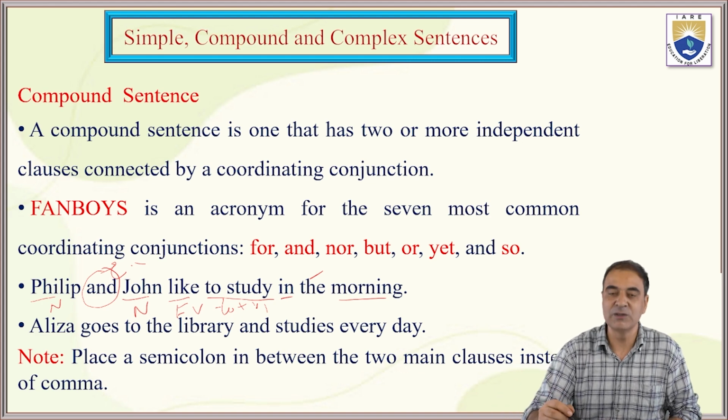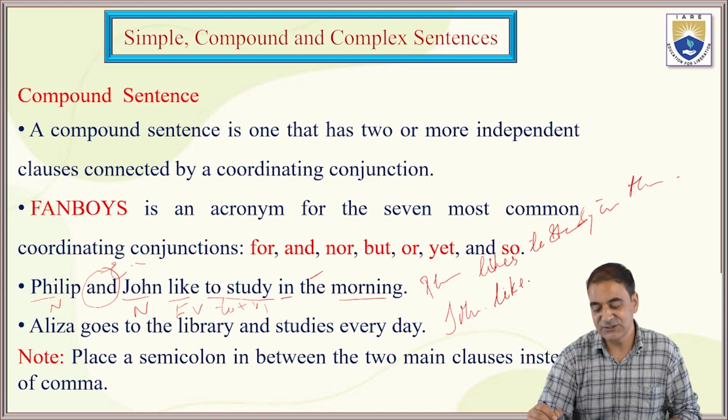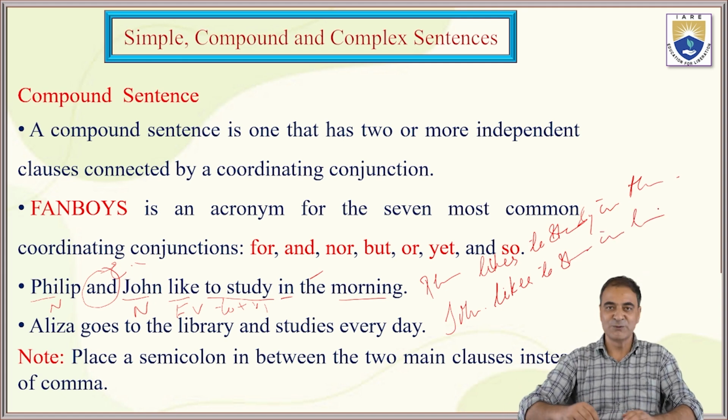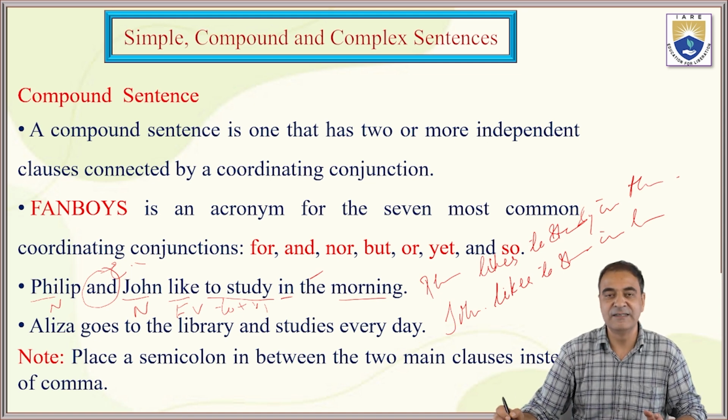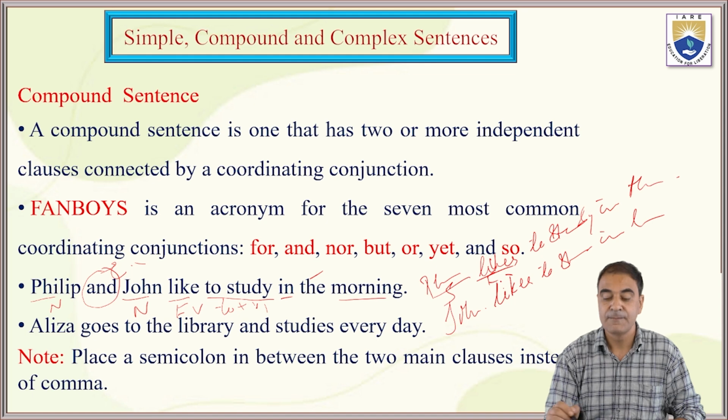For example, these two clauses were Philip likes to study in the morning, and the second clause is John likes to study in the morning. Now here we have two clauses, and they have their subjects and their one finite verb. In the first clause, Philip is the subject and likes is the finite verb. And to study is again an infinitive, to plus verb in first form, that is a non-finite verb.